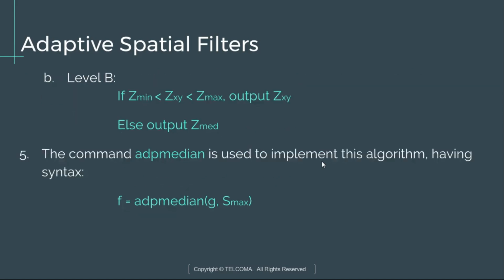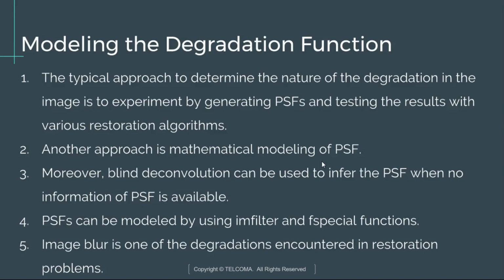Level B includes: if zmin is less than zxy less than zmax, then output zxy, else output zmed. The command adpmedian is used to implement this algorithm, having syntax f = adpmedian(g, Smax).